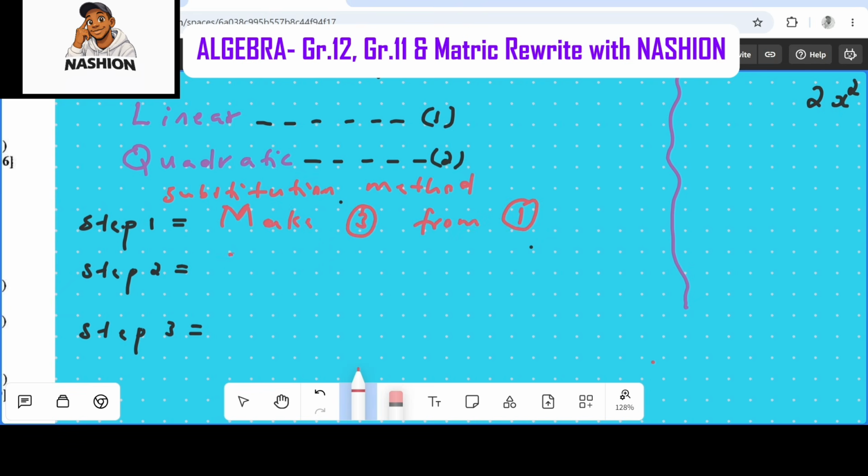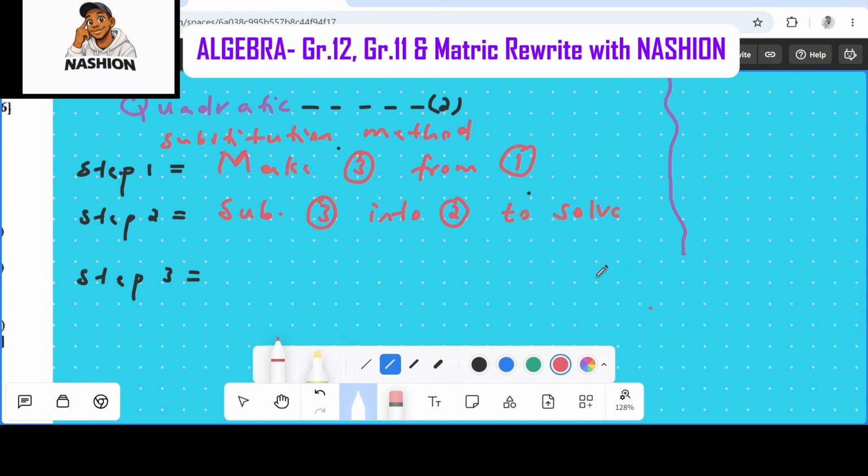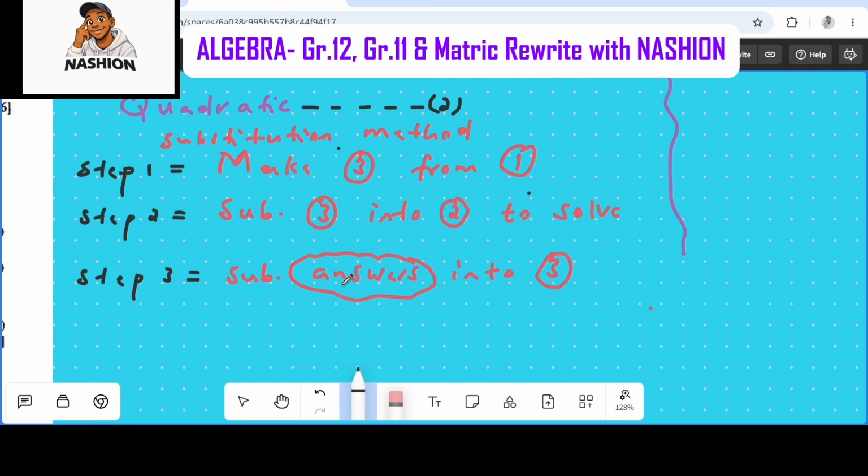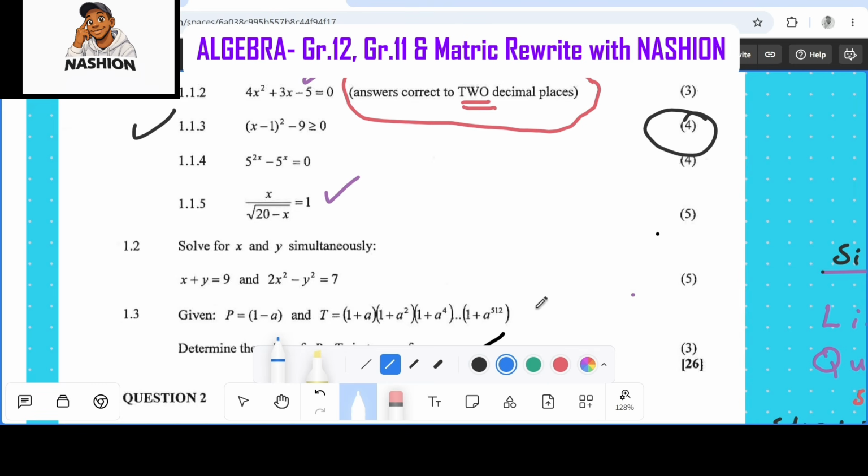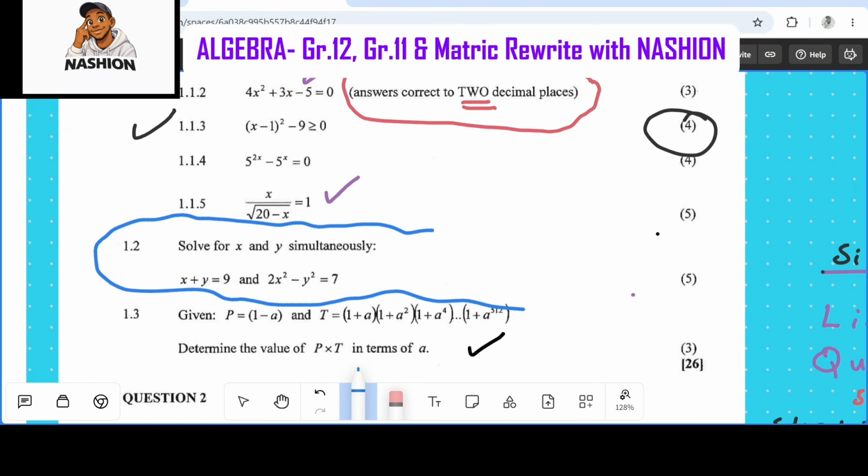Step 2, we substitute equation 3 into equation 2. Then we solve. Step 3, we take the answers from step 2 and substitute them into equation 3. Check this out. Equation 3 is found in every step. 3, 3, and 3. We are going to apply those 3 steps in question 1.2 right here.